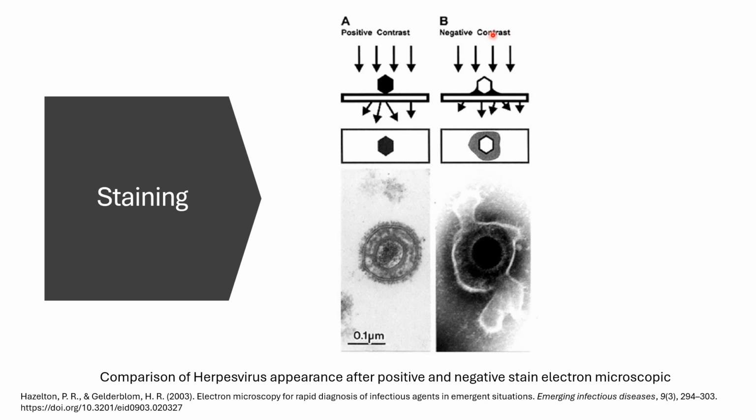To heighten the contrast between viruses and the background, use is made of electron-dense stains. These are usually compounds of heavy metals of high atomic number that serve to scatter the electrons from regions covered with the stain. If virus particles are coated with the stain, positive staining, fine detail may be obscured.